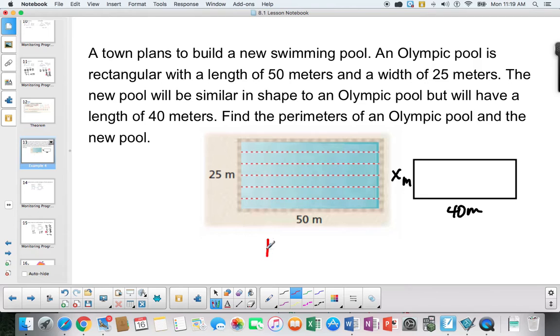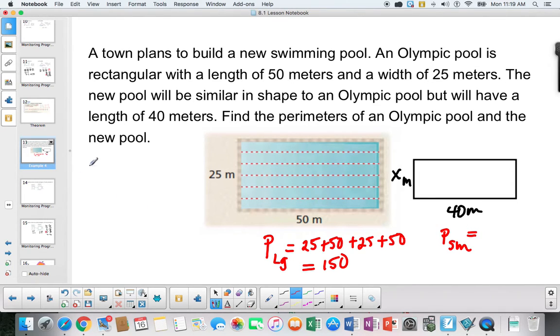Well, the Olympic pool, so I'm going to call this the large one, is going to be 25 plus 50 plus 25 plus 50. So altogether it's going to be 150. And the question is to figure out the perimeter of the small.